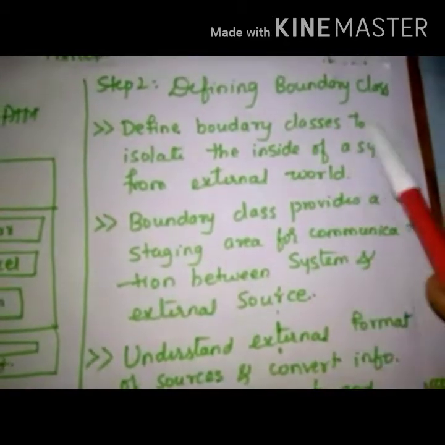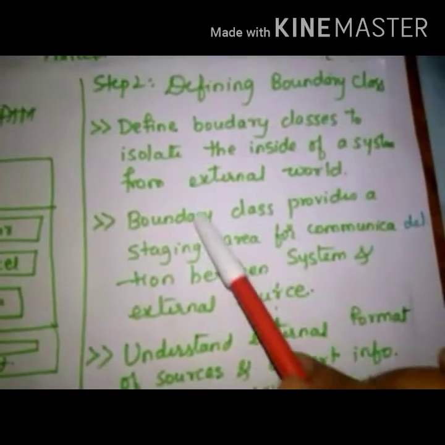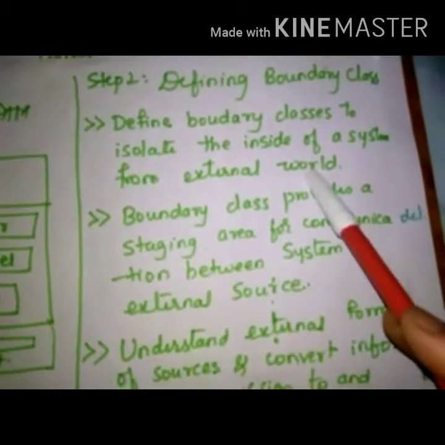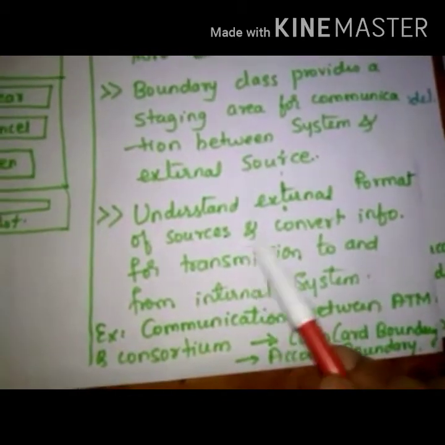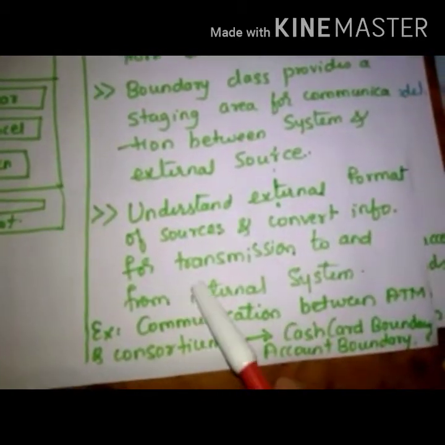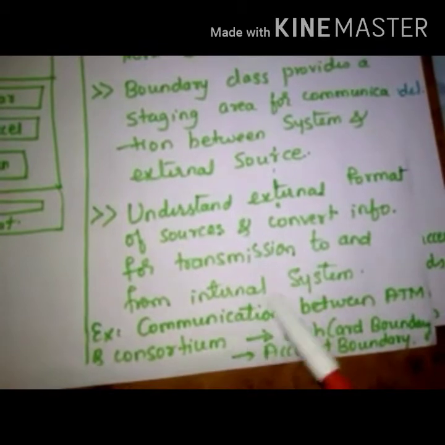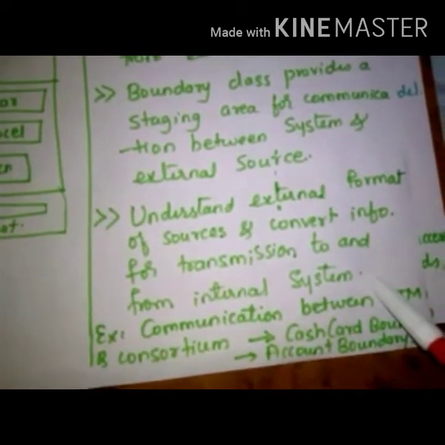So here the inside of the system is the logic that is running behind, and the external world is the user accessing through the user interface. Understand the external format of the sources and convert the information for transmission to and from the internal system.